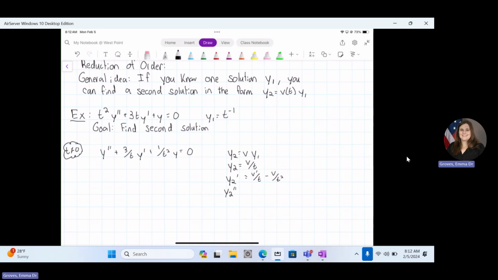And then y2 double prime is going to equal v double prime over t minus v prime over t squared minus v prime over t squared plus 2v over t cubed, which if we simplify that, gives me v double prime over t minus 2v prime over t squared plus 2v over t cubed.